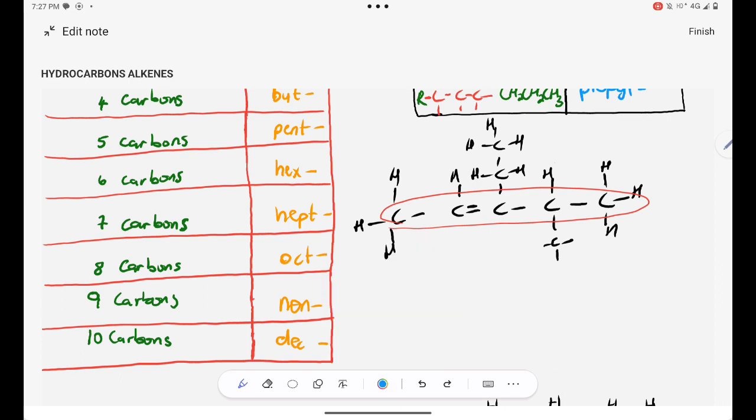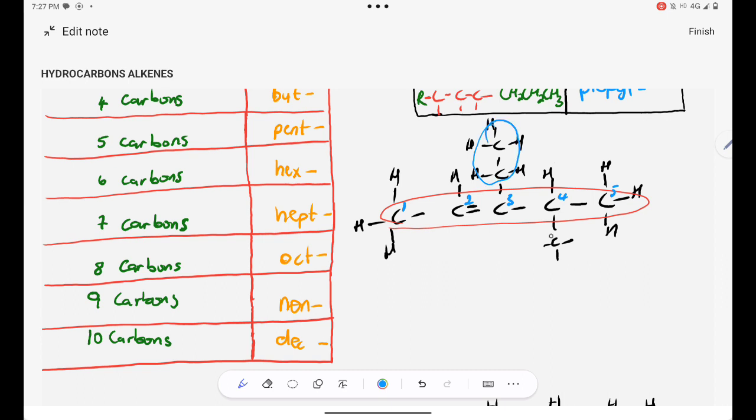So obviously, I'll start numbering my carbons from the terminal which is closer to the double bond. So this will be carbon number 1, 2, 3, 4, and 5. Are you together? I have two side chains and they are both different.